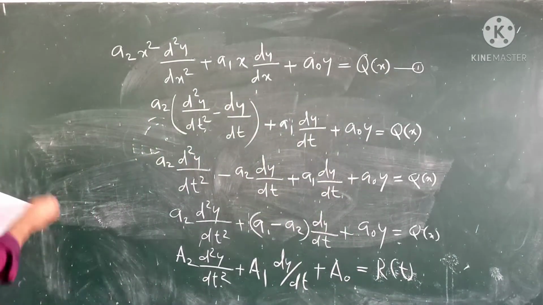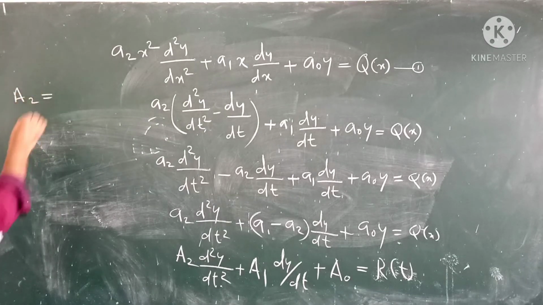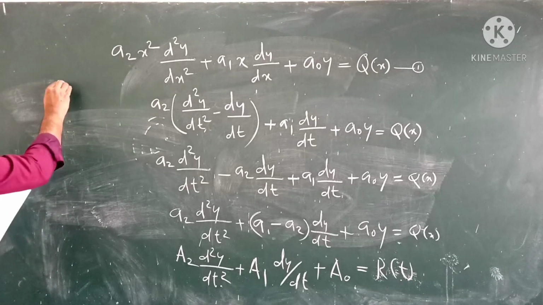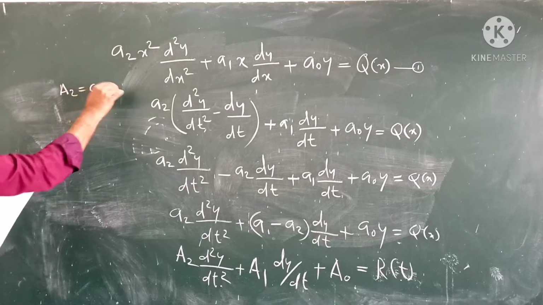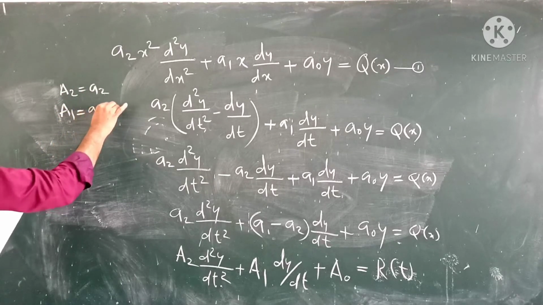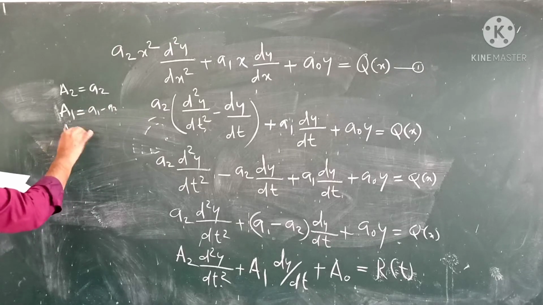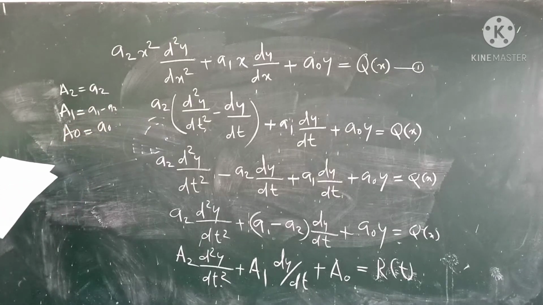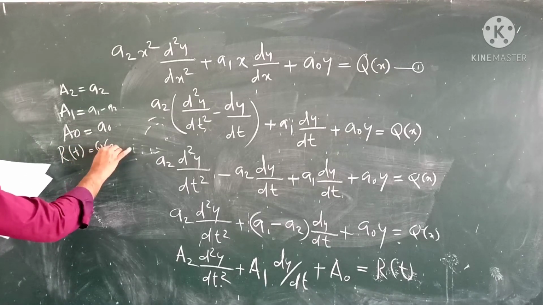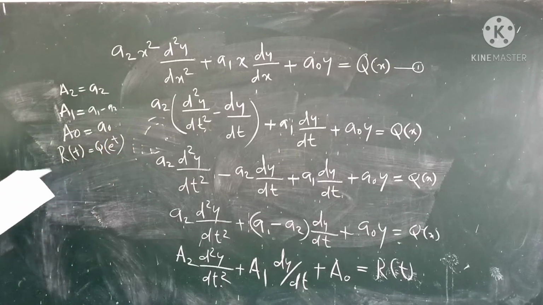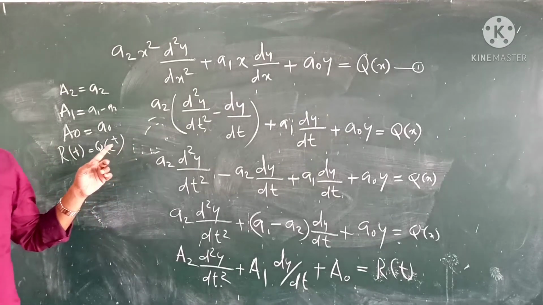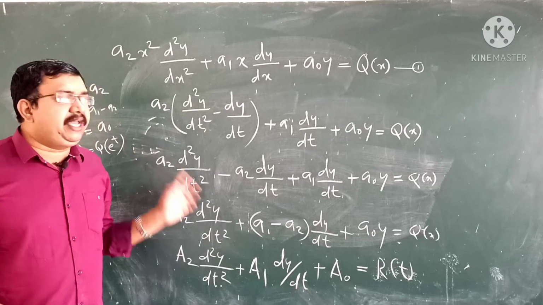Remember that capital A2 equals small a2, capital A1 equals a1 minus a2, capital A0 equals small a0, and R of t equals q of e to the t. Then the equation is a linear differential equation with constant coefficients. Then we can solve it.